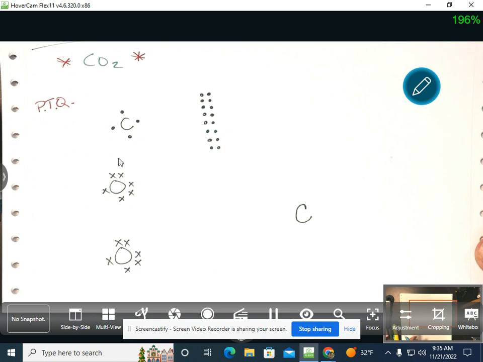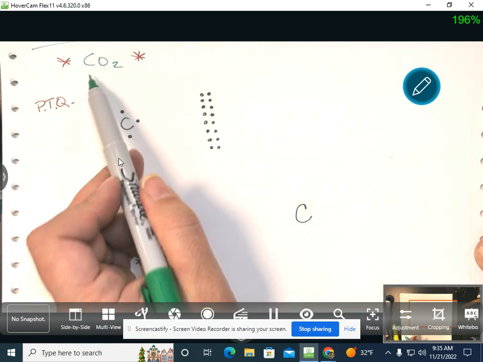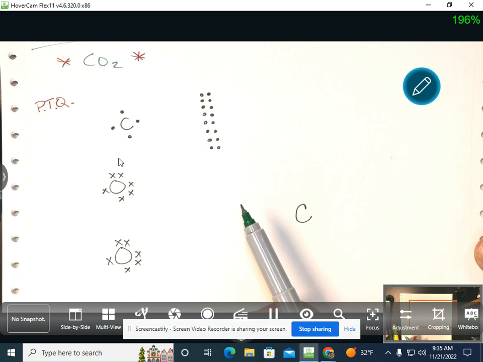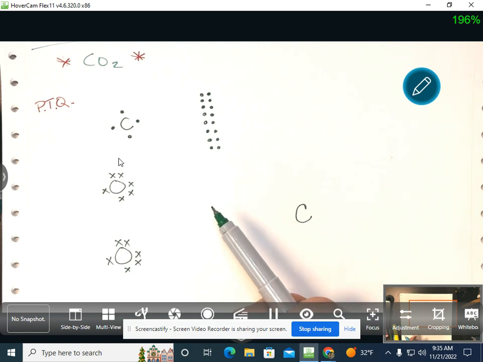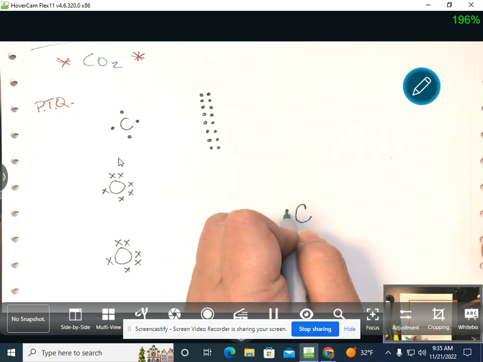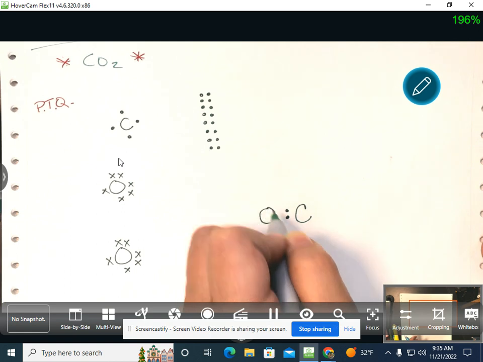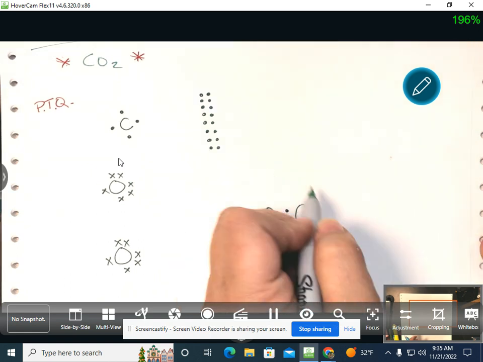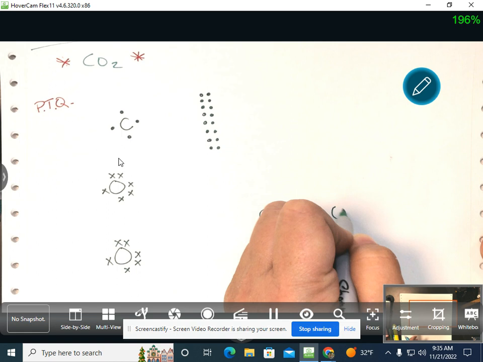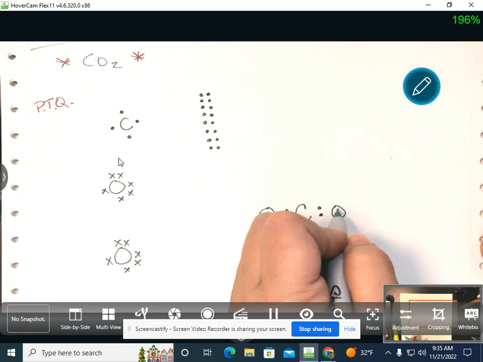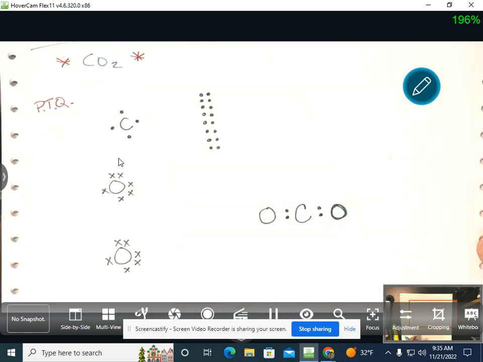Oxygen is 3.4, and carbon is 2.6. So we're going to put the least electronegative one, the one that's the single, in the middle, and then we're going to glue those oxygens on. Each one of those pairs of electrons is a piece of glue or tape or whatever. So that's what it looks like. These two oxygens are the same.